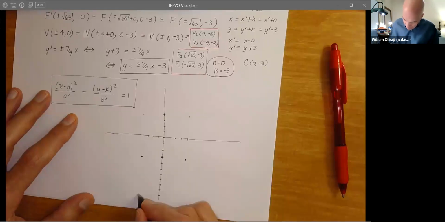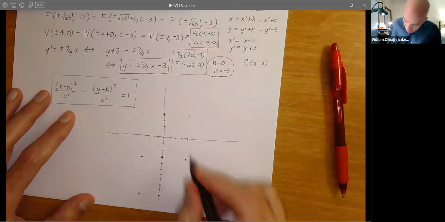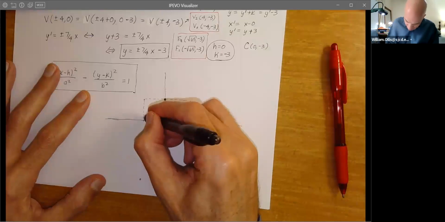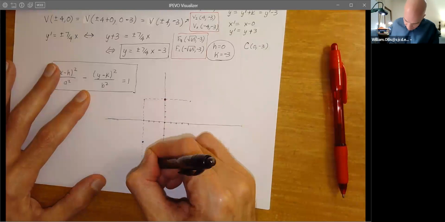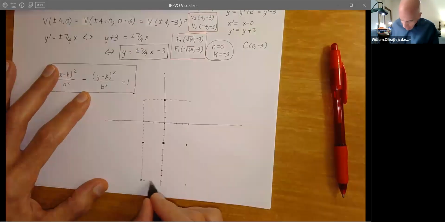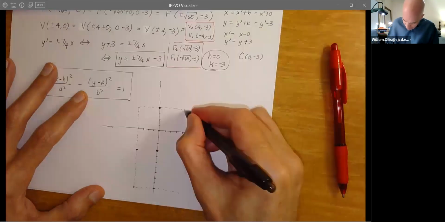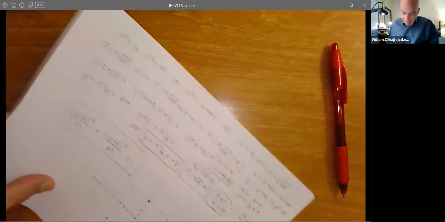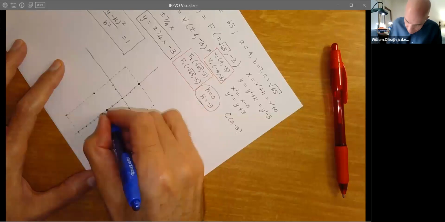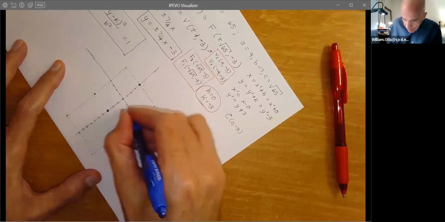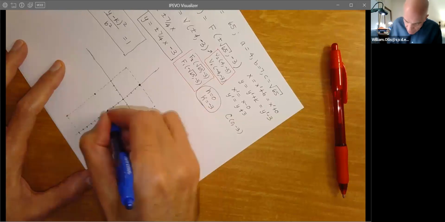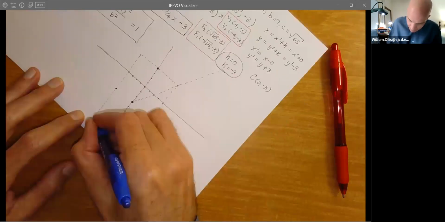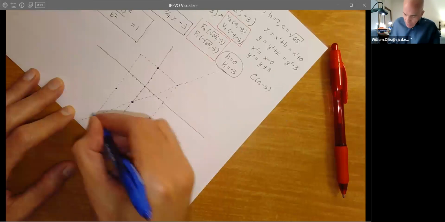Right there. I should have given a little bit more room. I spread this out a lot. So now you can draw your asymptotes. We're running out of space.